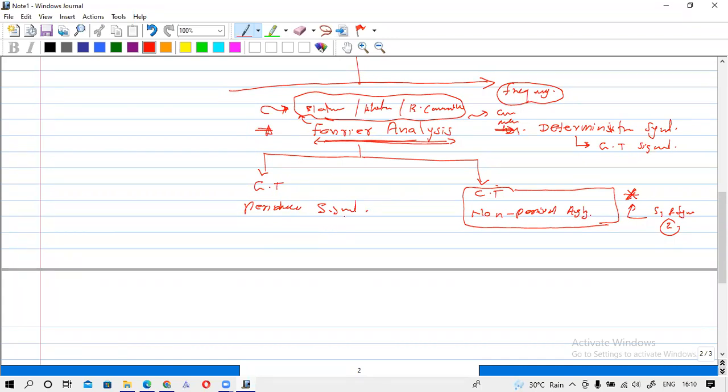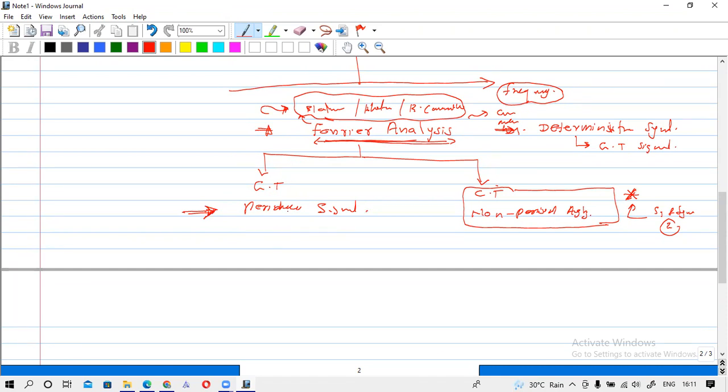Fourier analysis can be mainly divided into periodic signal analysis and non-periodic signal analysis. In this course, we are mainly focused on periodic signal analysis. I hope you get it.